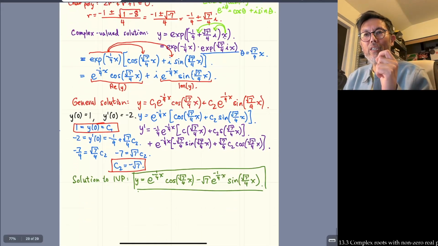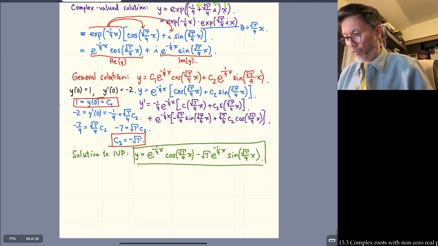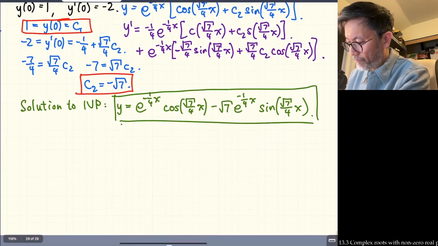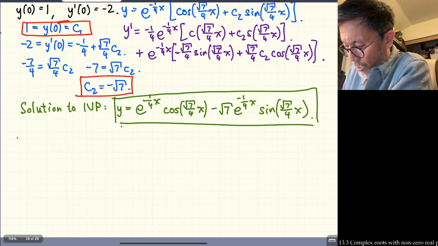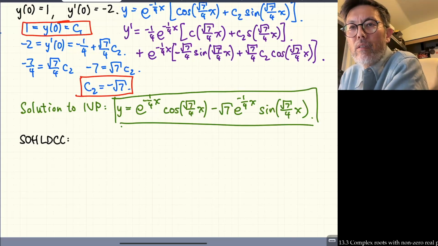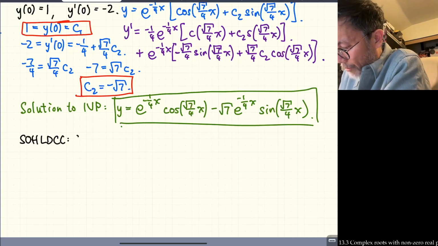So here's what we can say sort of in general. This is what happens when you have a second order homogeneous linear differential equation with constant coefficients. The complex roots case.